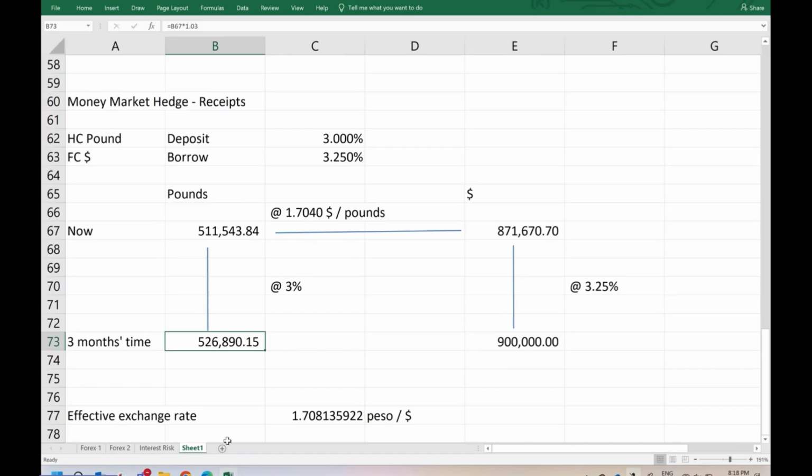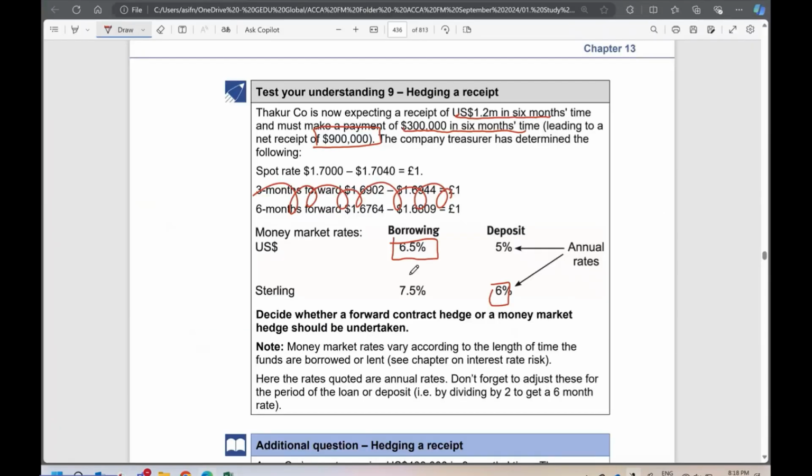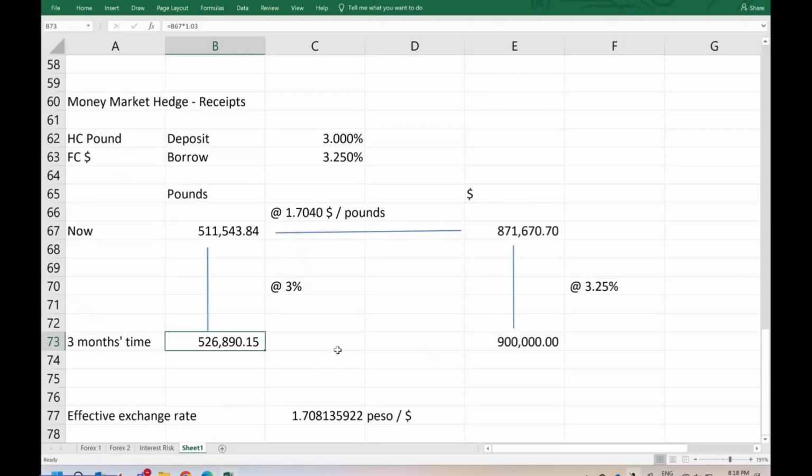Let's say here we already have a 6-month forward rate. Let's say we want to find the forward rate agreement as well. So what receipt will you get? I want to compare which one is better for me.